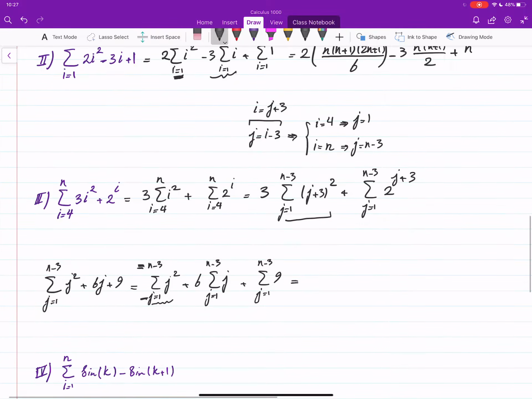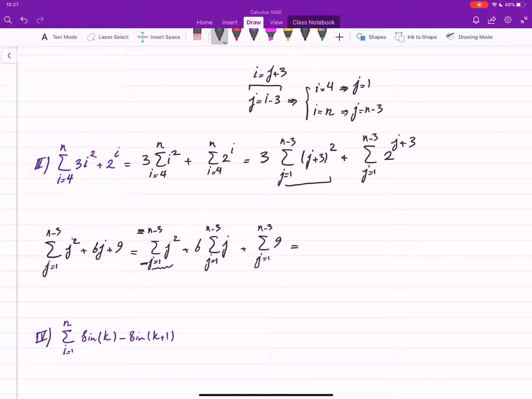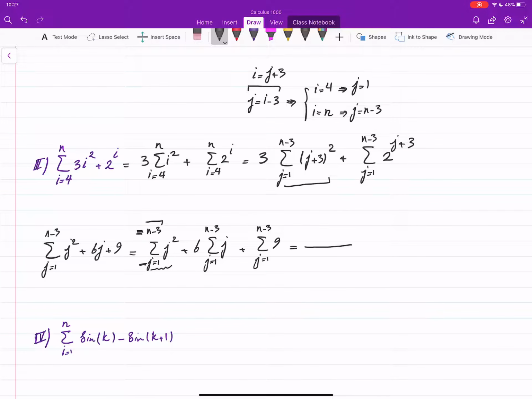So let's just go down there again. Here, the sum of j squares is going to be n times n plus 1 times 2n plus 1 over 6, but instead of all n's, you put n minus 3: n minus 3 times n minus 3 plus 1 times 2 times n minus 3 plus 1 over 6. Plus 6 times the sum of j's, integers, going from 1 to n, which is n times n plus 1 over 2, but this time it goes up to n minus 3.